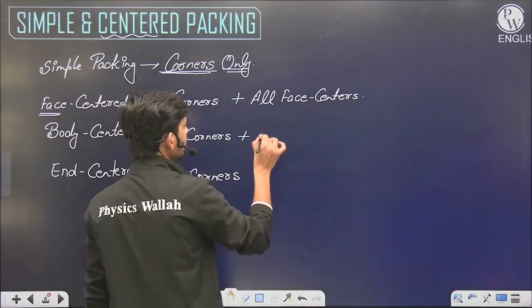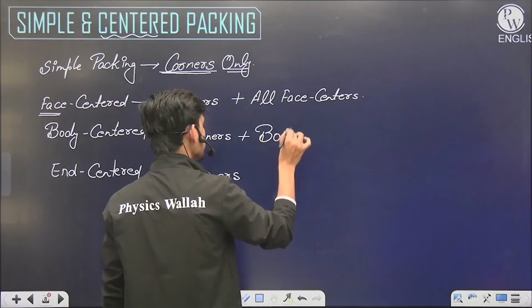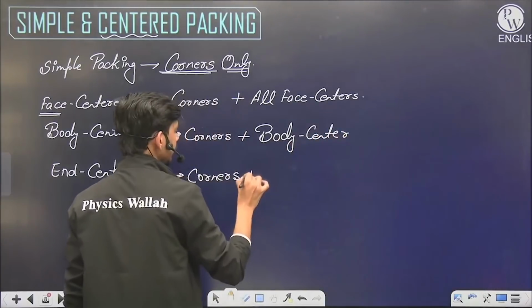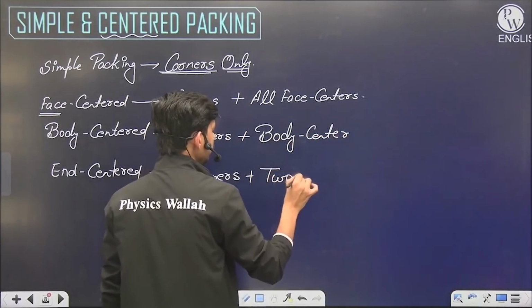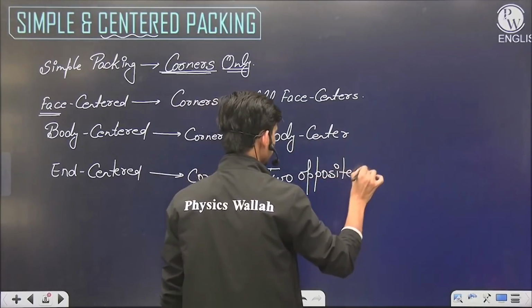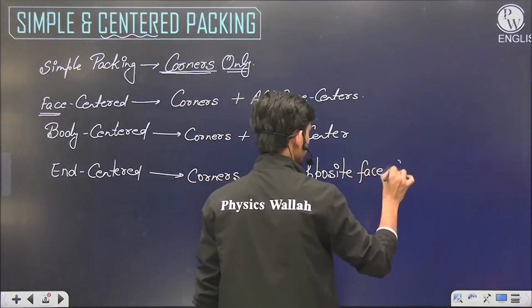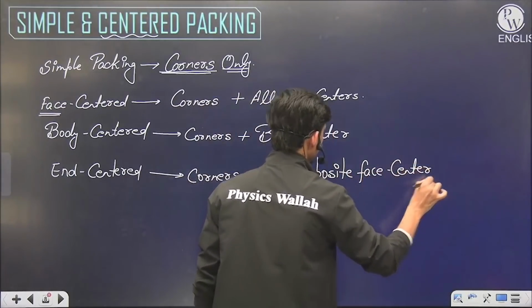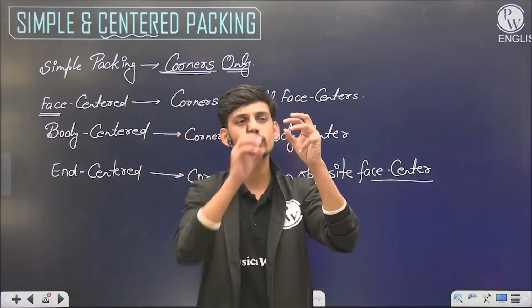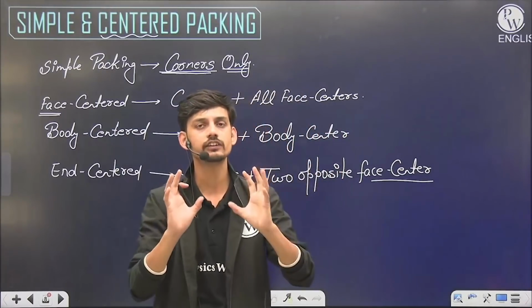For body centered, the atom will be present at the center of the body. And for end centered, the atoms will be present at the centers of any 2 opposite faces. That means for simple, we have atoms only at all the corners of the unit cell.